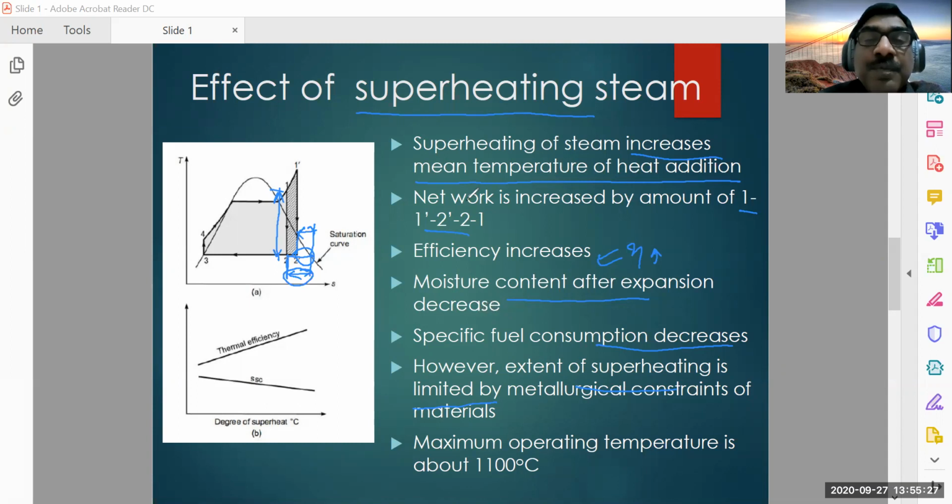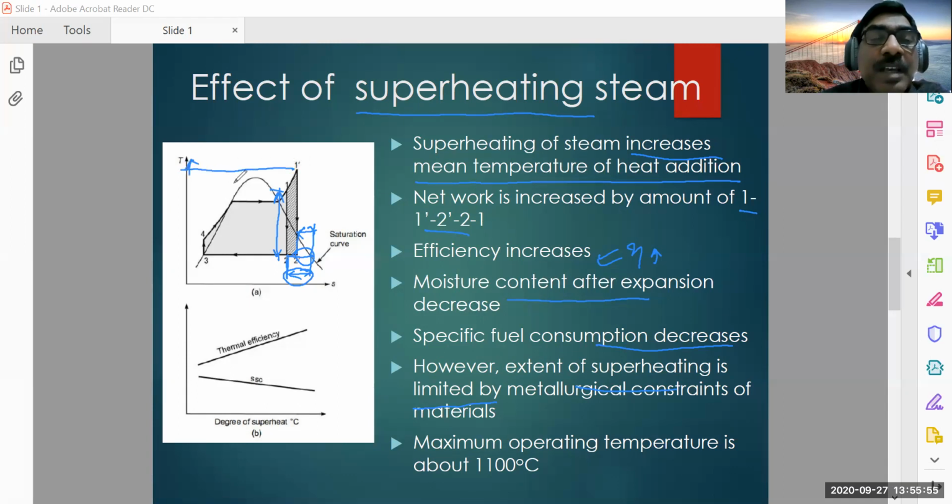So if more superheat is used, one advantage is the efficiency is increased and also moisture is getting decreased. Because of these two reasons, you are going to get a better efficiency and safety of the blades. But one important problem with this is, if you keep on adding the heat, the temperature will be increased.